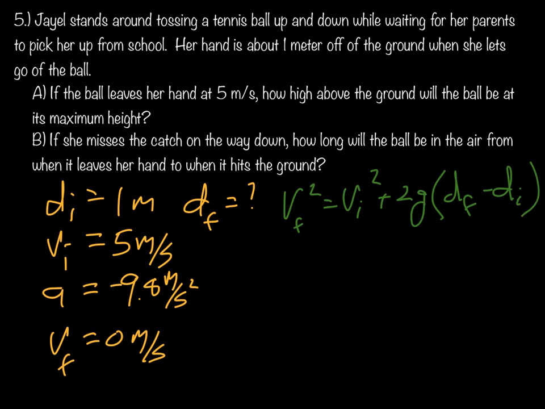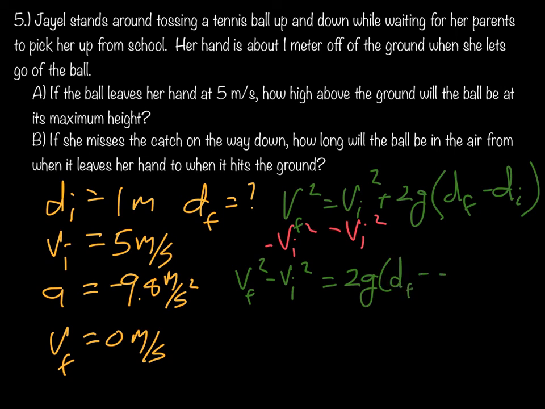And now we're going to do our algebra. The first thing I'm going to do is subtract VI squared from both sides. And that gives me VF squared minus VI squared equals 2 times G times dF minus dI. And then I'm going to divide both sides by 2G.